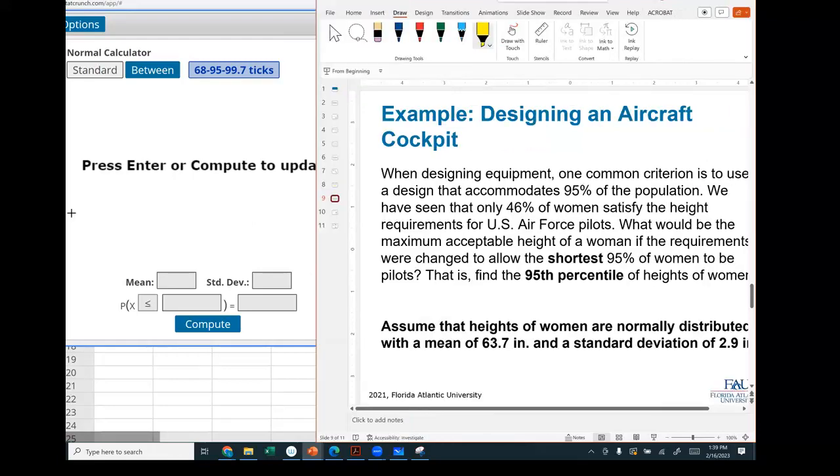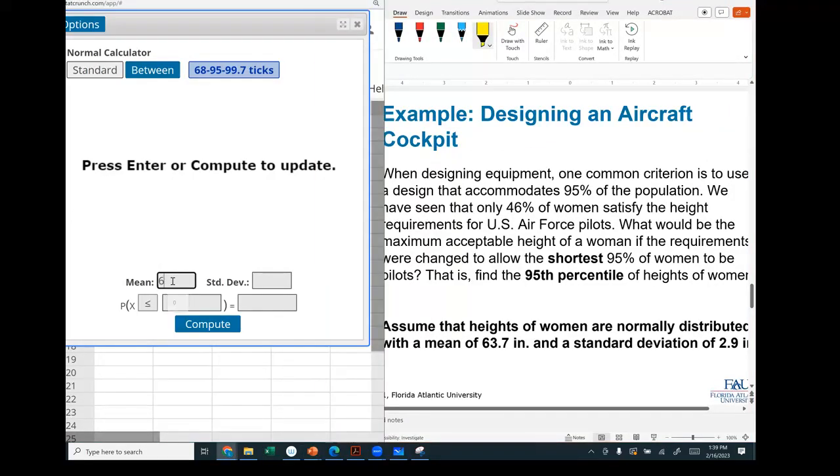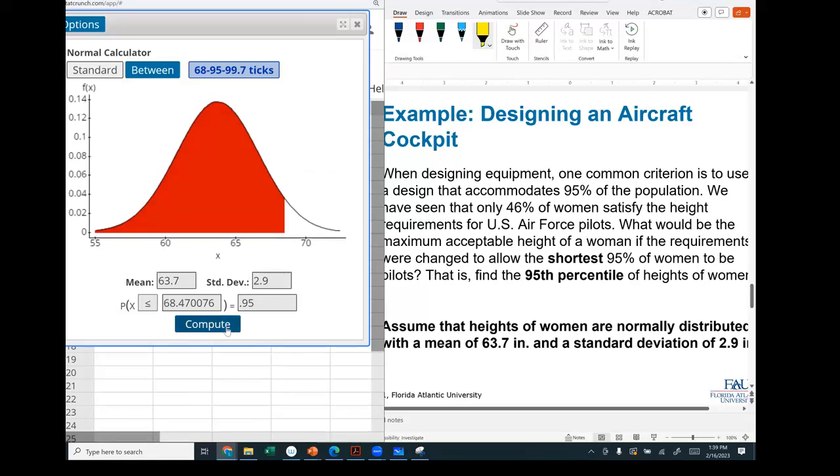Okay, here we go. So our mean is 63.7. Our standard deviation is 2.9. We want to know the value, which we don't know, where the probability is less than 0.95. I hit compute and I get 68.47.